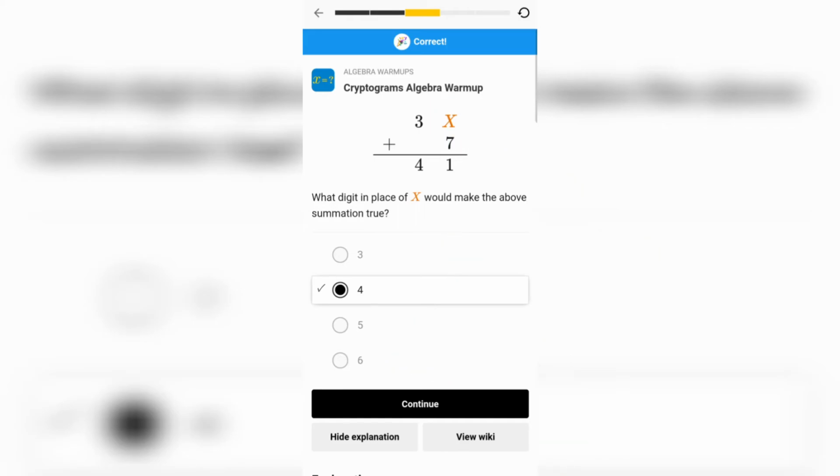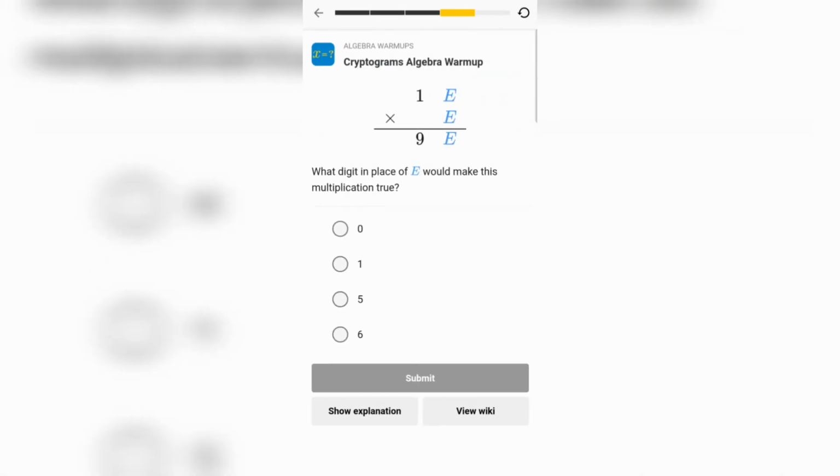However, you can just do what I did, which is basically the same thing, but I'm not subtracting, I'm just adding in my memory. What number in the 30s, if 7 is added, is equal to 41? And that is 34. Okay, let's continue.